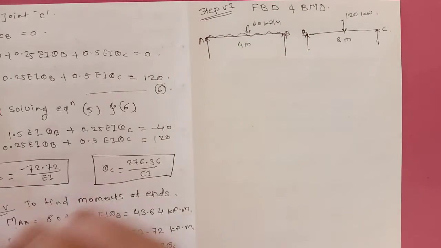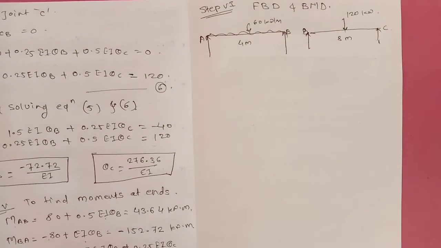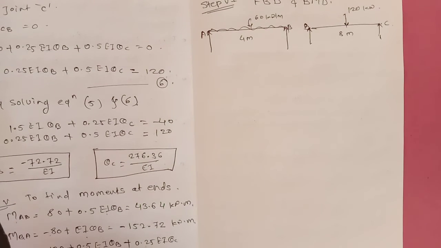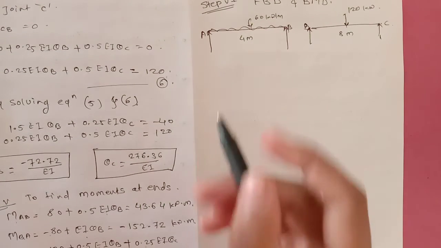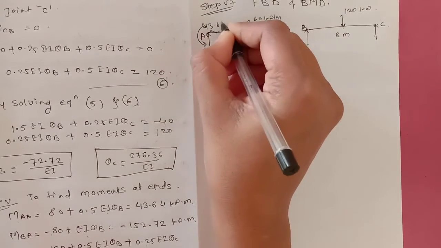Here we know that the value of the end moment for member AB is 43.64, which we already found in step number 5. So put it here. First is 43.64.